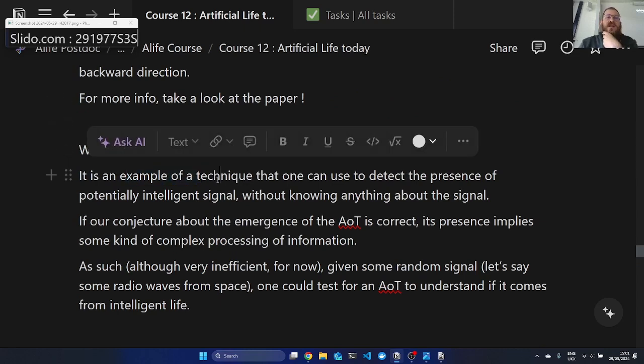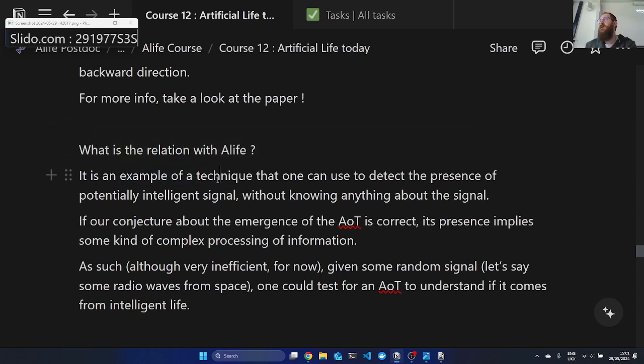To find this arrow of time, you don't need to actually understand the language or the signal you are working on. So this could be an example of a technique used to detect the presence of a potentially intelligent signal, or at least a non-trivial signal, without knowing anything about it.